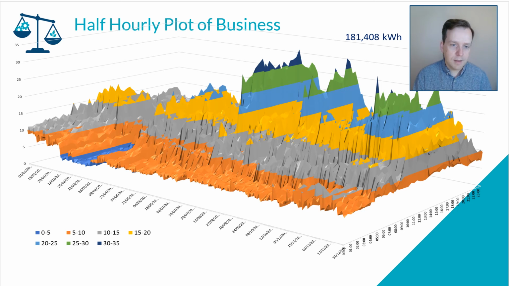This spike, and we'll see a better angle, is around July, and we have an August spike here. From speaking with the owner of the golf club, these are significant social events. When you're looking at half-hourly data, you always need to speak to the people operating the business to understand what's going on.